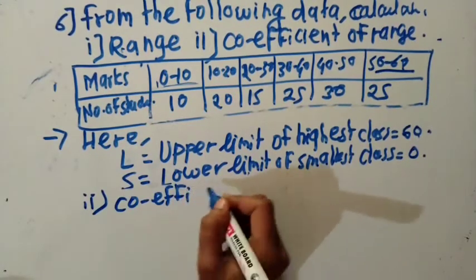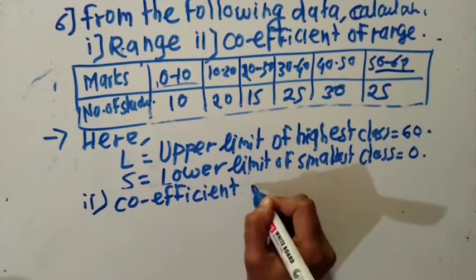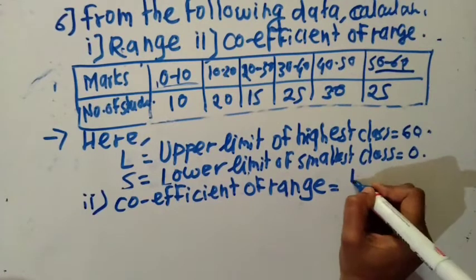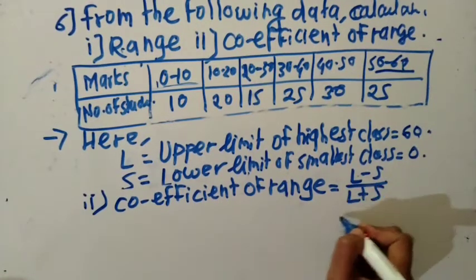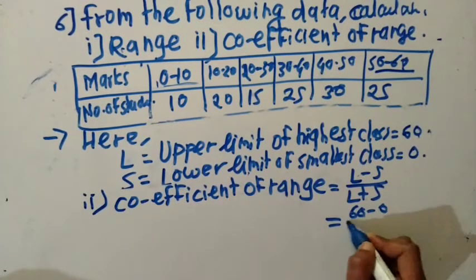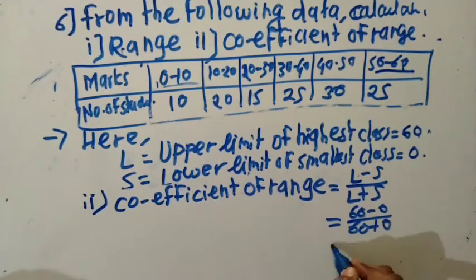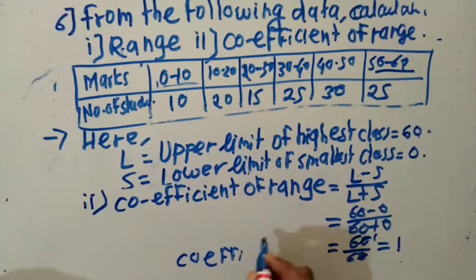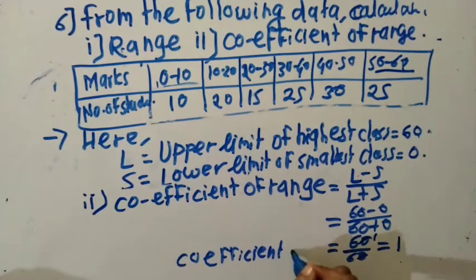Here coefficient of range is equal to L minus S upon L plus S, means 60 minus 0 and 60 plus 0, means 60 upon 60 is equal to 1. Hence coefficient of range is equal to 1.